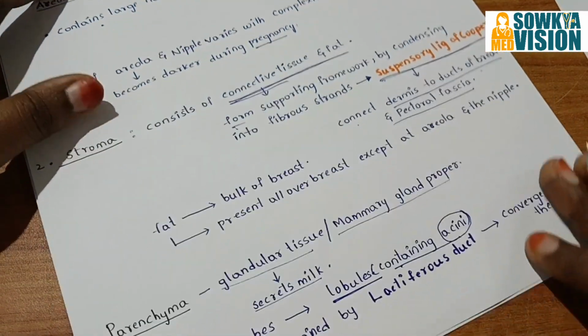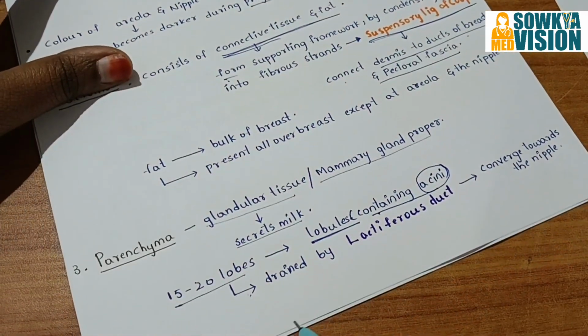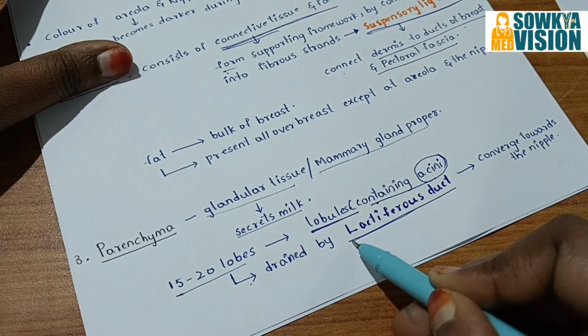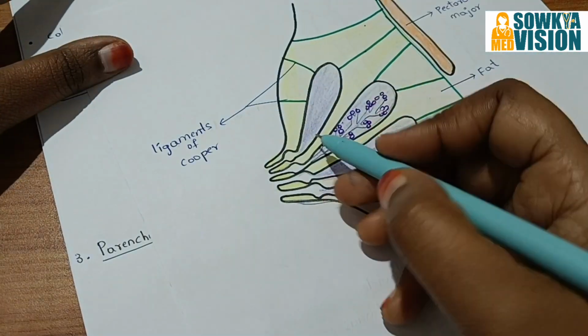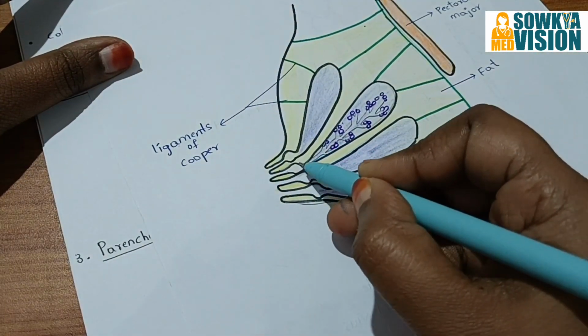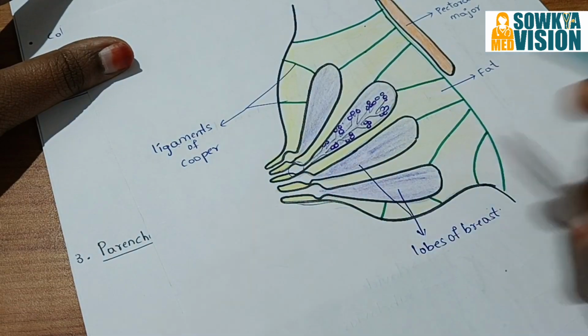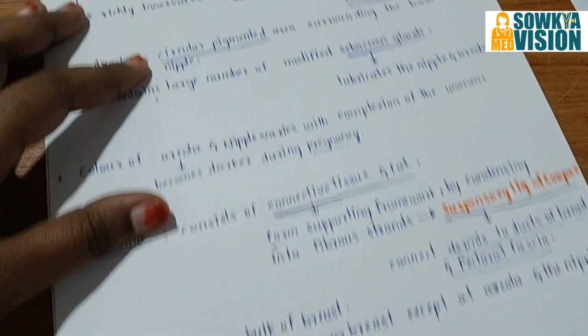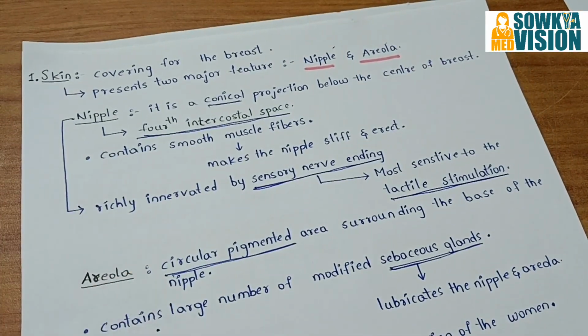Each lobe is drained by a lactiferous duct. The lactiferous duct opens into a lactiferous sinus, which then opens into the nipple. This is the morphology of the mammary gland. In part 2 we will discuss the blood supply, lymphatic drainage and the applied anatomy of the breast.